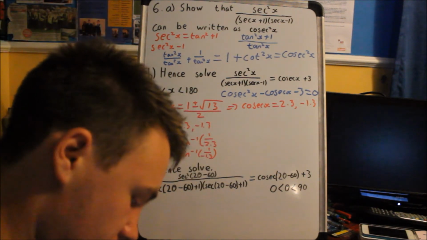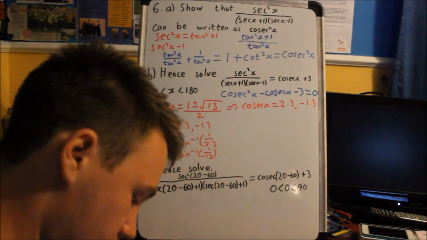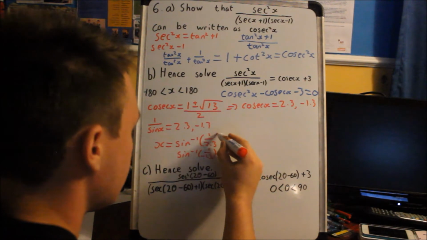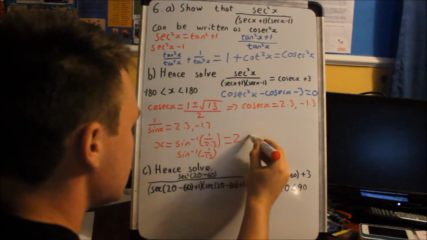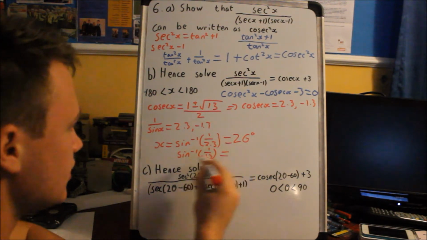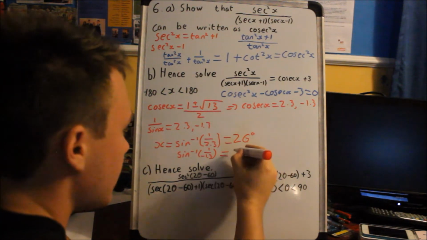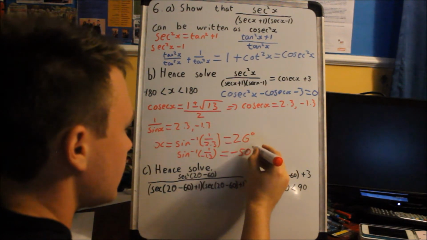And you'll find that sine to the minus 1 is going to give you 26 degrees for the positive one. Make sure your calculator is in degrees mode. And sine to the minus 1 of 1 over minus 1.3 gives you minus 50 degrees. This is all to the nearest degree.